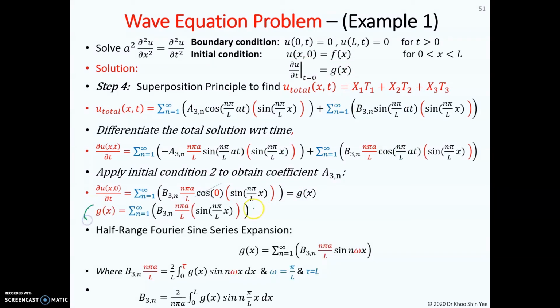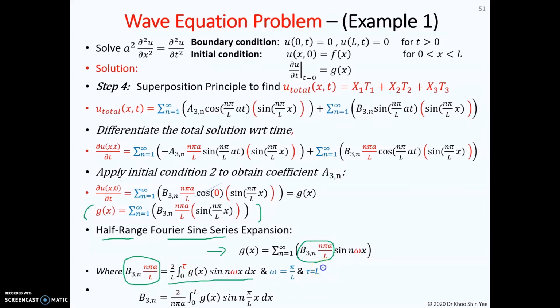So you succeeded in obtaining the g(x) function as a summation of sine terms, and you should recognize this is a half-range Fourier sine series expansion. Therefore, we can obtain the coefficient inside here, and you need to be careful. The coefficient for the half-range Fourier sine series expansion is all of these components. You put this coefficient on the left hand side, and this is equal to the formula here.